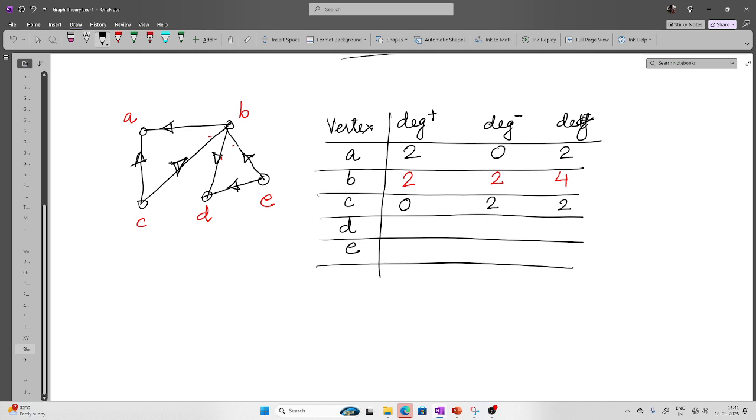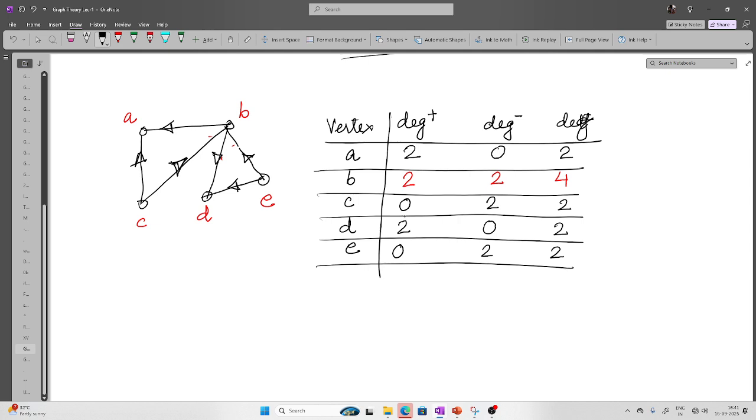So both are coming in. So in degree is 2, whereas nothing is going out. So out degree will be 0. So total will be 2. Look at E. Both the edges are going out. So the out degree is 2, but the in degree is 0. Therefore, the total degree is 2.